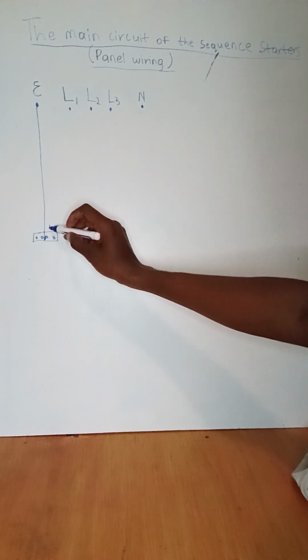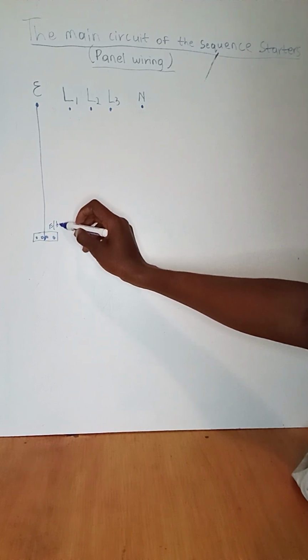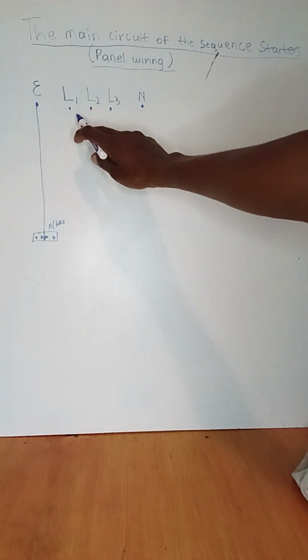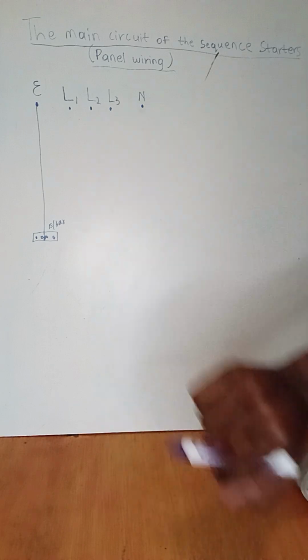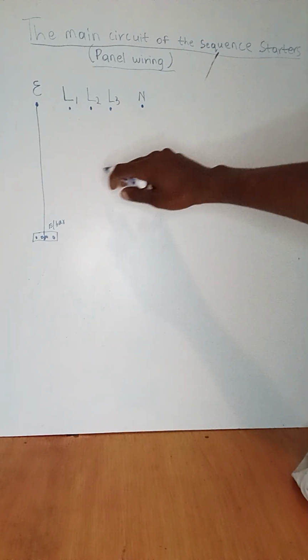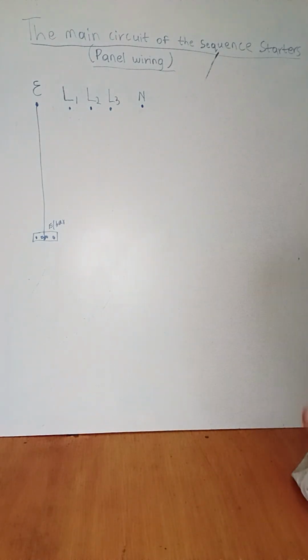Connected straight to the S bar. Right, and then we have live 1, live 2, live 3. They will firstly be connected in the 3-pole main circuit breaker.